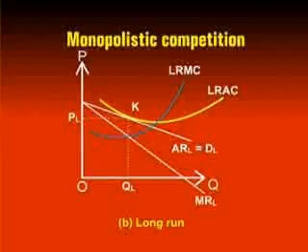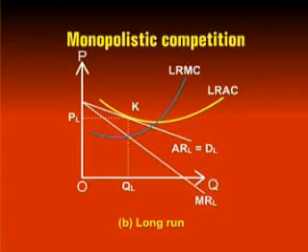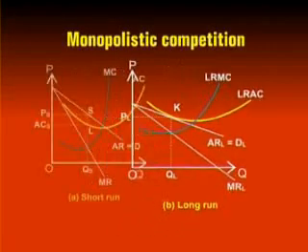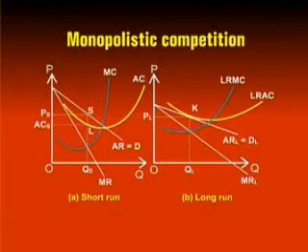The long run profit maximization position will still be the same, that is, at the intersection of the marginal revenue curve and the long run marginal cost curve. But because supernormal profits have been eaten away due to the entry of new firms, all the firms will operate at break-even point, that is at point K.